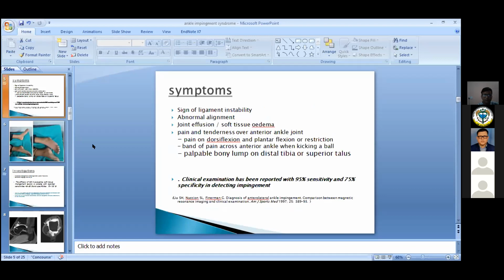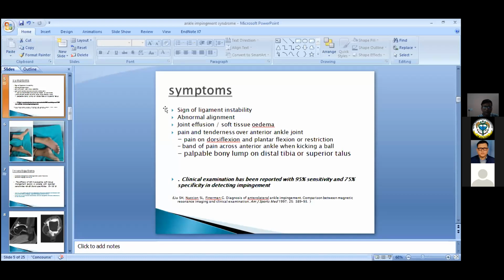The symptoms we usually find are signs of ligament instability, abnormal alignment, joint effusion, and soft tissue edema around the ankle. There may be localized tenderness, limited dorsiflexion and plantar flexion, and restriction of movement.